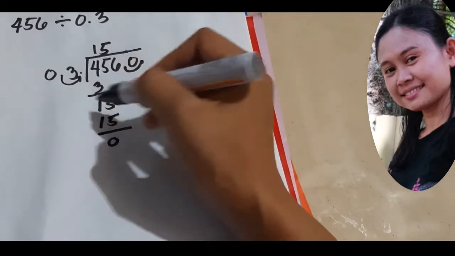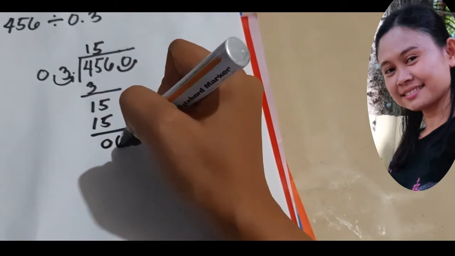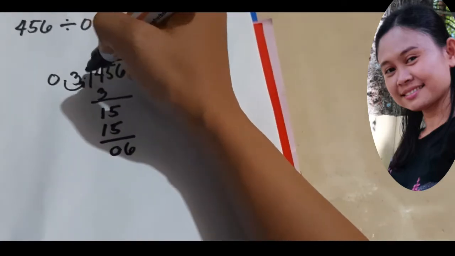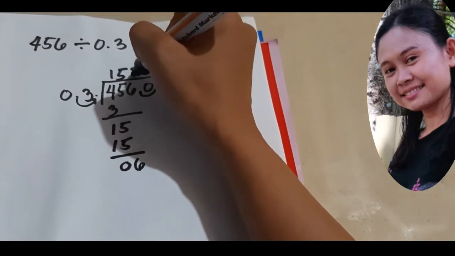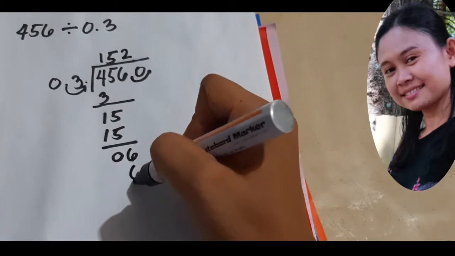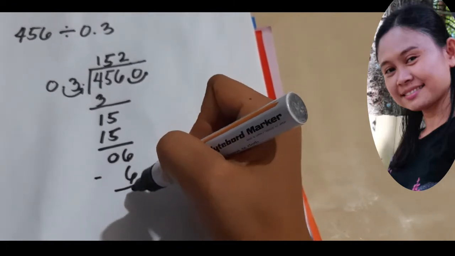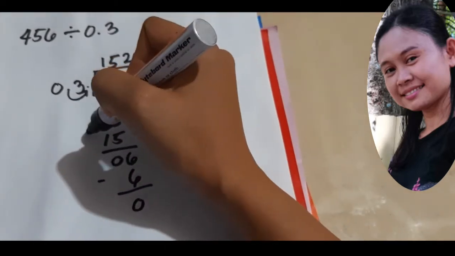So 0 cannot be divided by 3, so we have to bring down 6. 6 divided by 3 equals 2. 2 times 3 equals 6. Then subtract. 6 minus 6 equals 0. So we put the subtract sign.